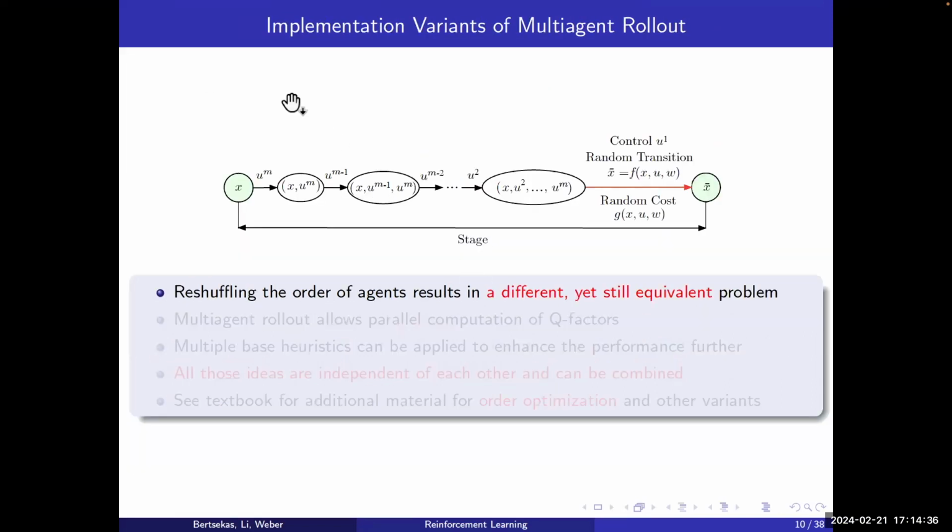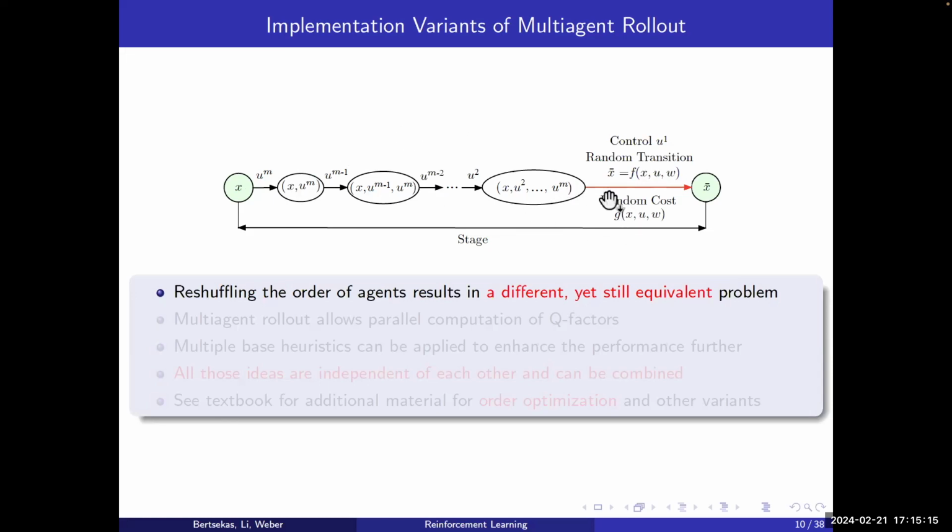We touch upon one variation of multi-agent rollout, whereas the reshuffling of the order would result in a different but equivalent problem. What do I mean by that? Essentially, you can imagine for a new order, let's just look at the reversed order problem, showing the animation. Then it's equivalent to this unfolded system dynamics where you first select the control of the last agent, and then you get to this state, and you select the second to last control, and so on and so forth.